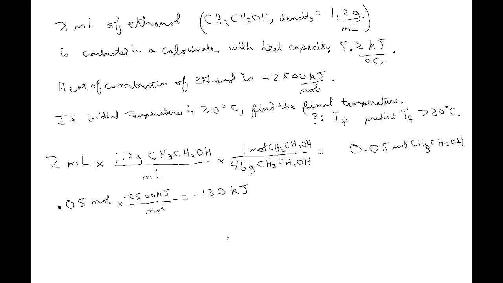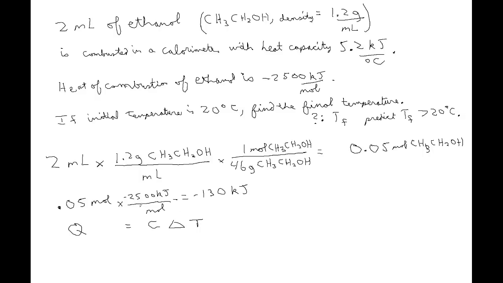Now, negative 130 is equal to 5.2 times TF minus 20. We can distribute. So negative 130 is equal to 5.2 TF minus 104.